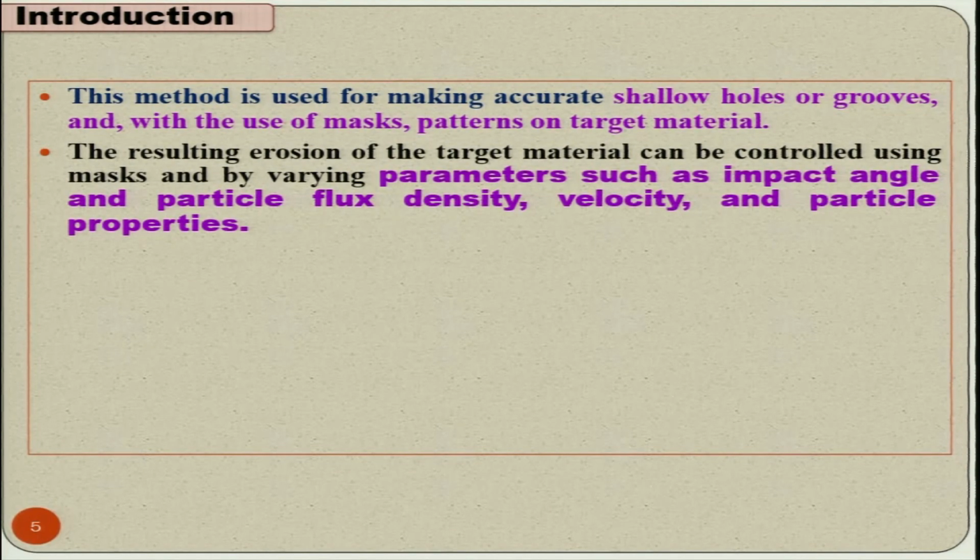Now, the resulting erosion of target material can be controlled using masks and by varying parameters such as impact angle, particle flux density, velocity and particle properties. All of them will affect the performance of the process, the accuracy of the features that you are creating, tolerances on the features and so on.